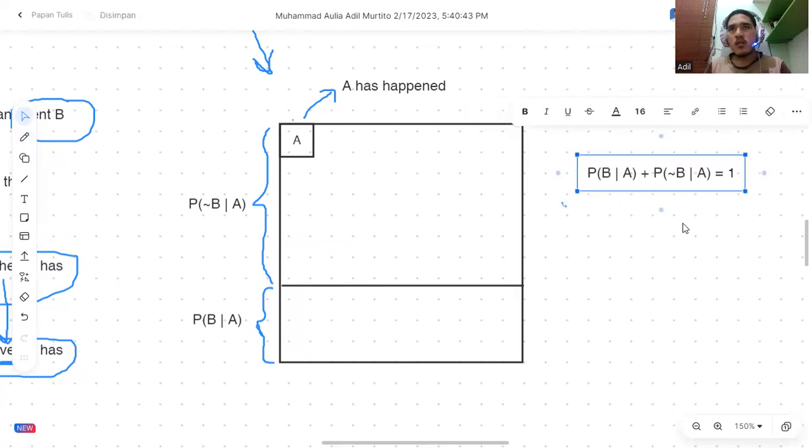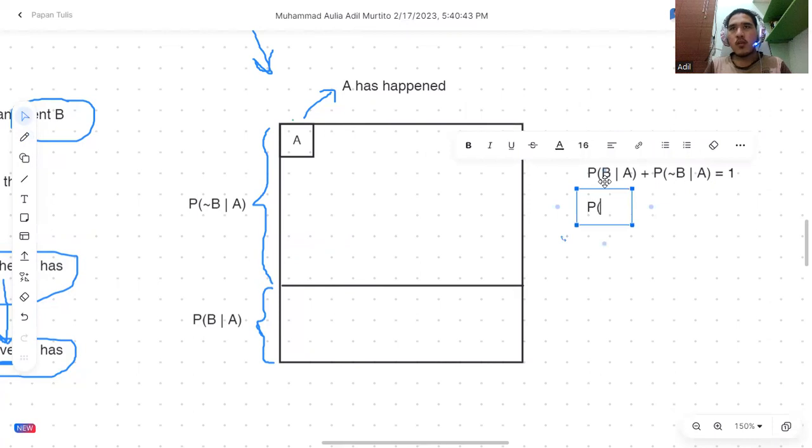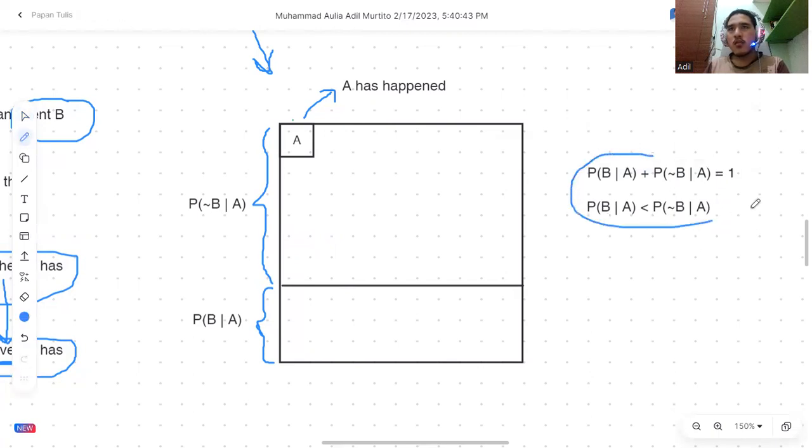And also, P(B|A) is not necessarily equal to P(B|not A). So this equation represents this condition right now.